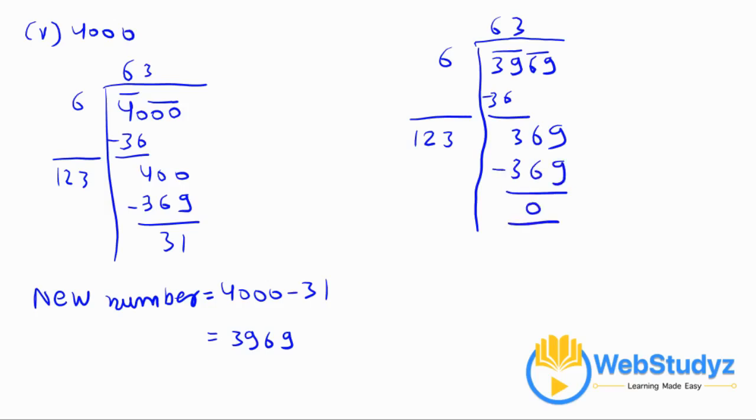Subtracting this, we get remainder 0. That means the square root of 3969 will give us the value as 63, which is a perfect square. So 3969, which is the perfect square of 63, comes out when 31 is subtracted from 4000.